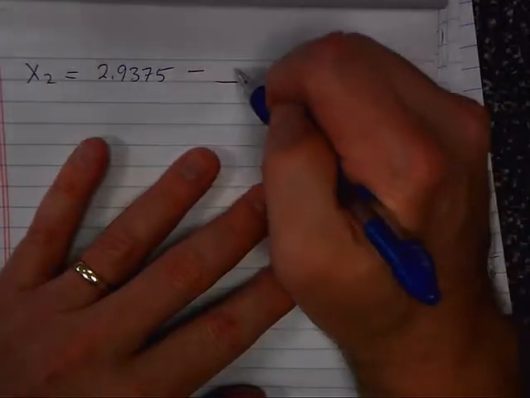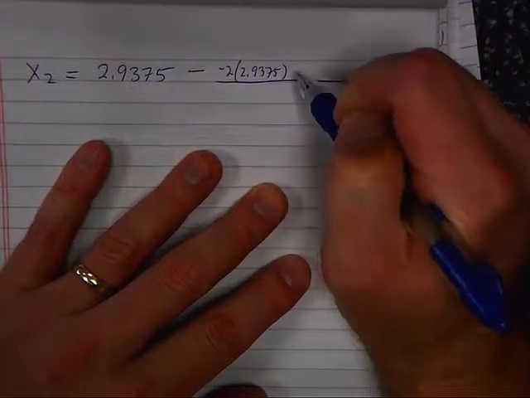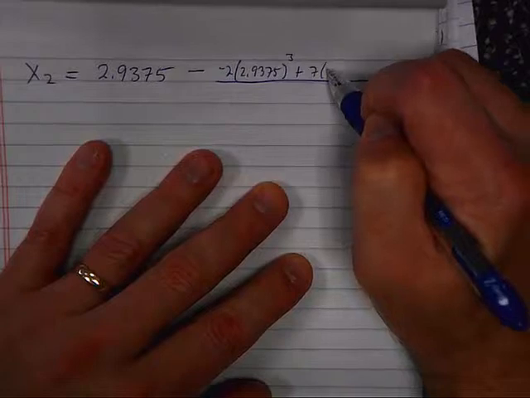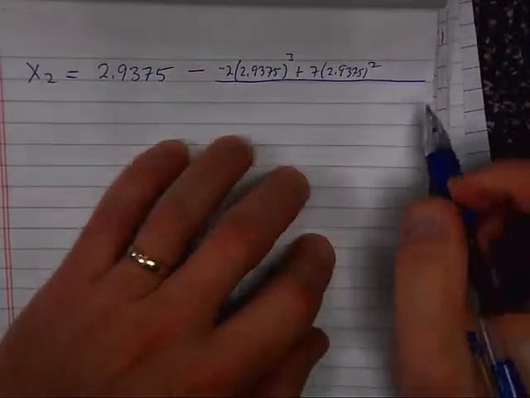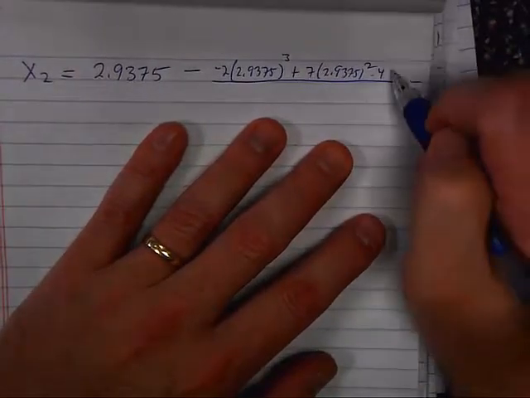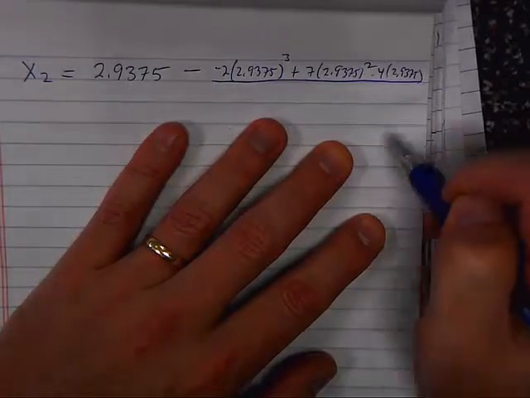So that's going to be minus 2 times 2.9375 cubed plus 7 times 2.9375 squared minus 4 times 2.9375 plus 2.